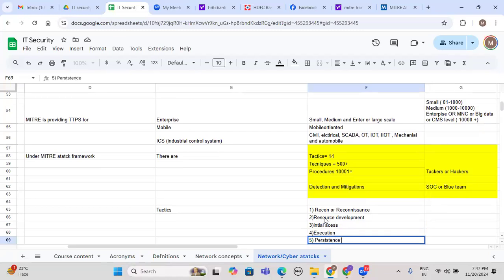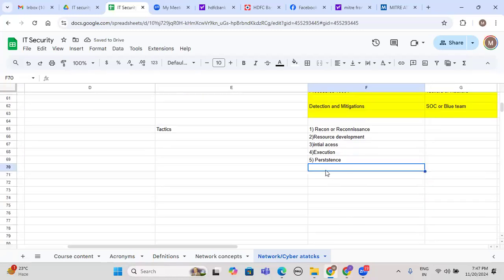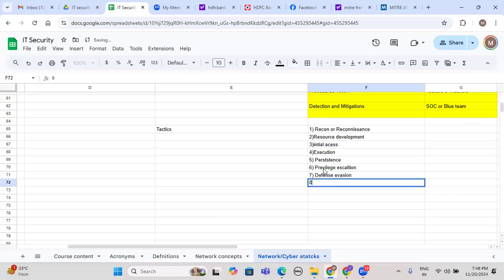Interview question: what is meant by persistence? It's one of the favorite interview questions. Next one, privilege escalation. Today's interview question: what is meant by privilege escalation? Next one, defense evasion. Next one, credential access. Next one, discovery.